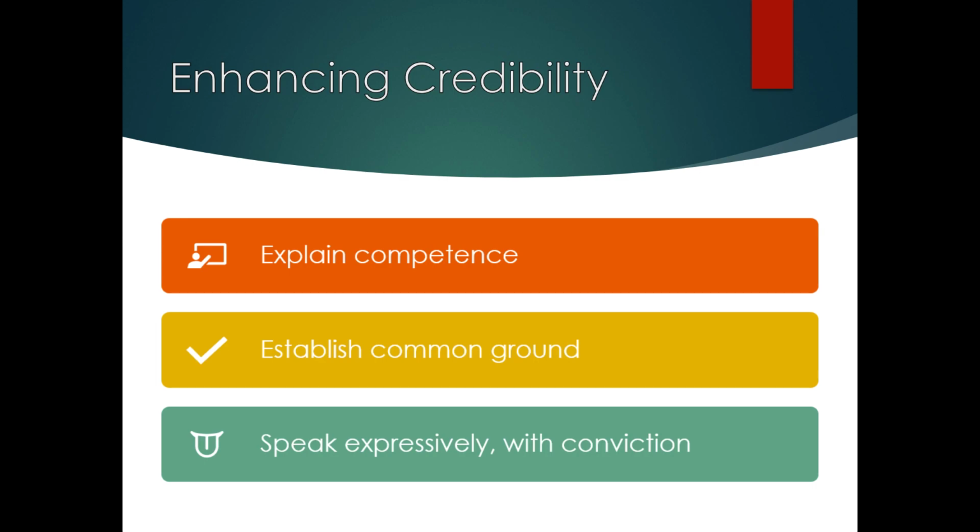You can also establish common ground. So if during the speech you do and say things in ways that people listening to you say to themselves, that person is a lot like me. They care about the same things I do. They have the same kinds of experiences.